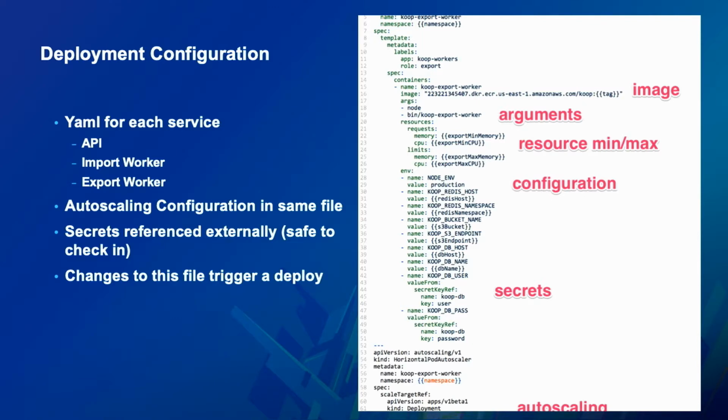And the cool thing about these files is that they are in our repositories, right, alongside the code. So configuration as code is something you might have heard about. That's something that we practice. So if I change an environment variable, or I change something about the auto scaling, or I change one of the values that powers these templates, because they're different for dev, QA, and production, it'll trigger a deploy.